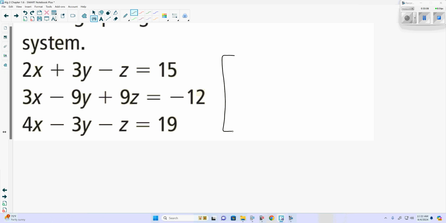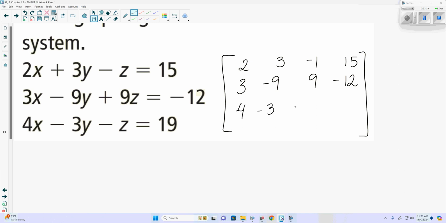So our first row would be 2, 3, -1, 15. 3, -9, 9, -12. 4, -3, -1, 19.